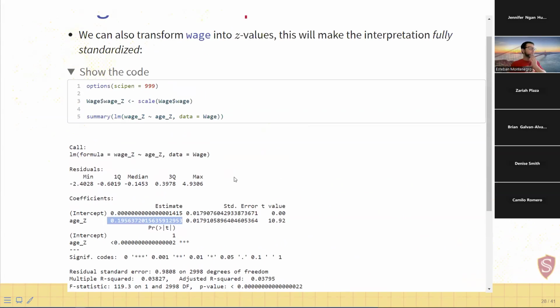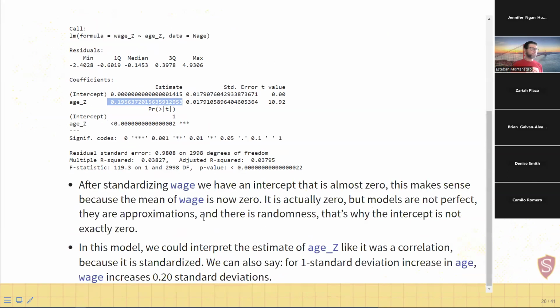All right. Hopefully that's kind of clear. Everything will make sense later once you touch data and compare different models. In this case, the interpretation will be different.